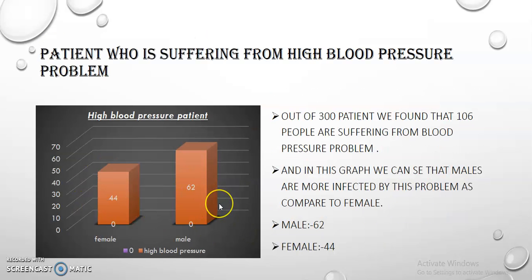Patients who are suffering from high blood pressure problem, male and female. We can see that 35% belong to female. Basically, 105 patients are female, and of those 105 females, 44 are suffering from high blood pressure problem. Of the 195 males, 62 have high blood pressure problem.